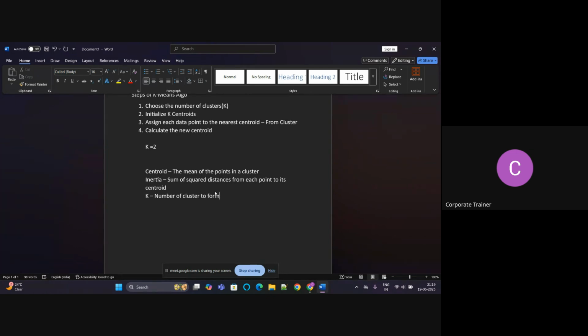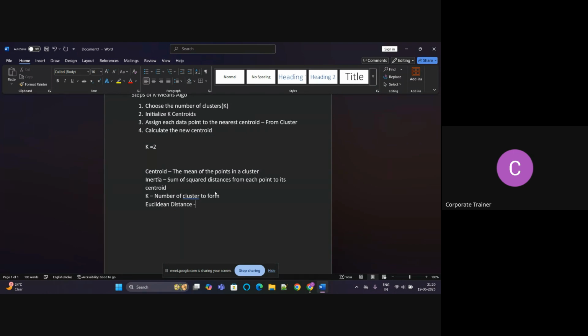And here one thing that is sometimes required is Euclidean distance. Sometimes it's required, sometimes not.